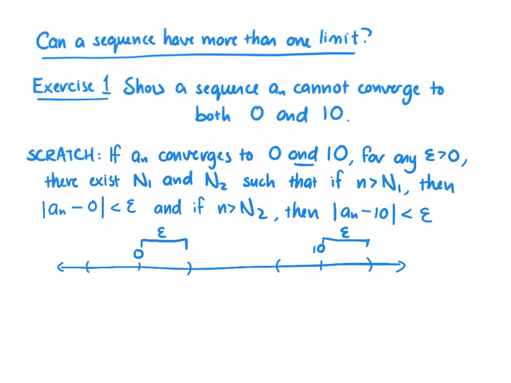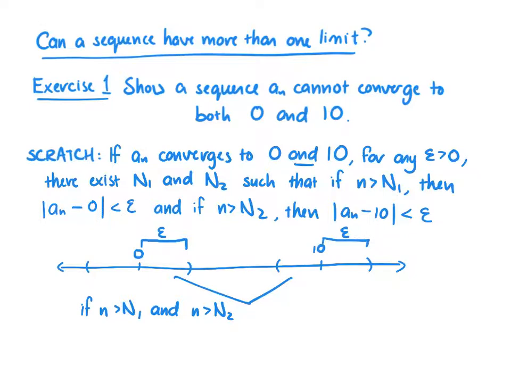What this diagram is trying to show is the following. If little n is greater than N1 and N2, then AN has to appear in both of these intervals I've drawn, around 0 and around 10, but that's not possible.